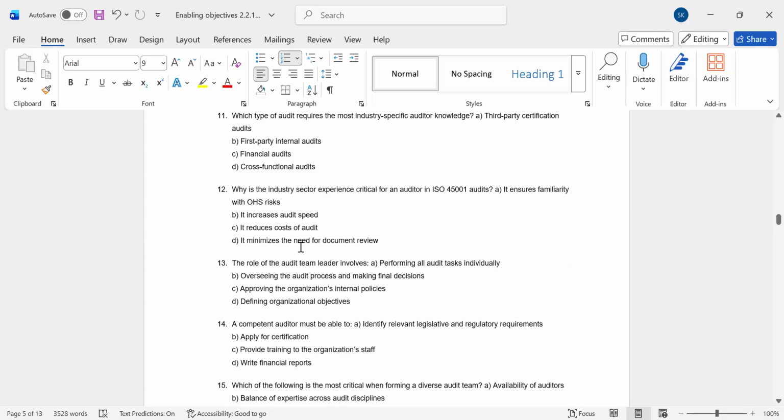Which type of audit requires the most industry specific auditor knowledge? A, third party certification audit; B, first party internal audits; C, financial audit; D, cross functional audits. Third party. Little bit critical question.